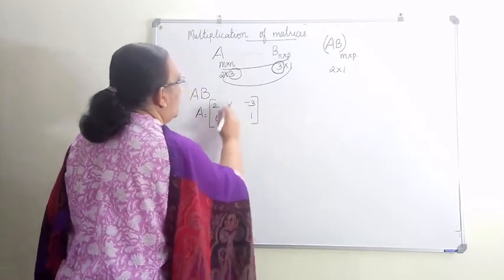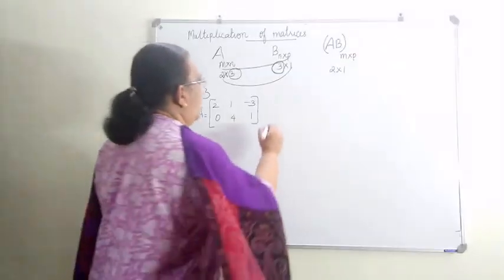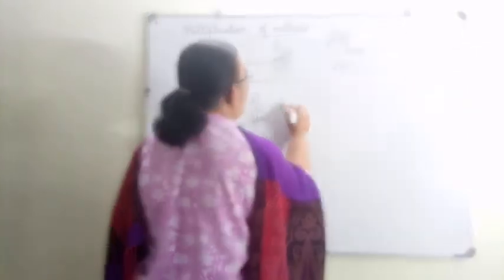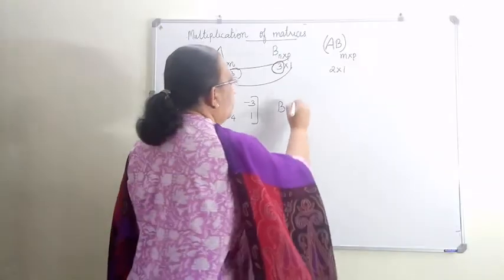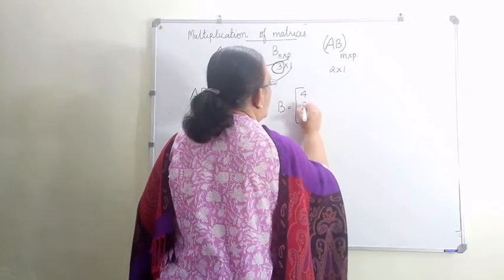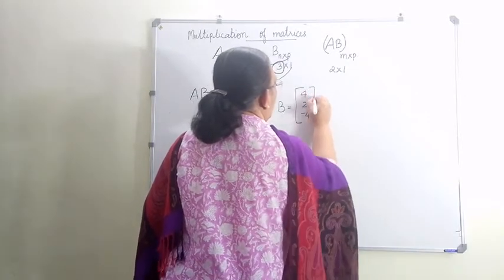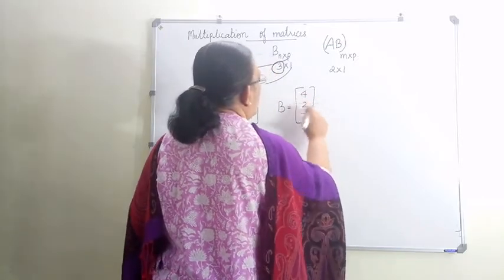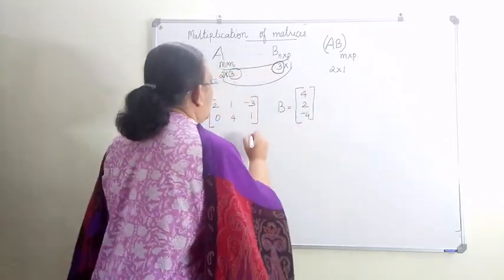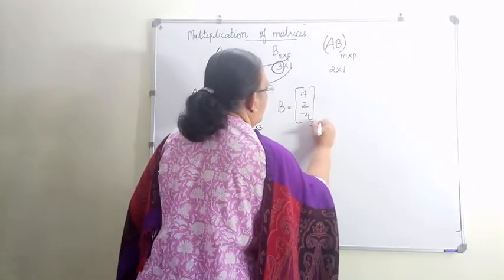And the next one, B, is of order 3 by 1. That is 3 rows and 1 column: 4, 2, minus 4. So 2 by 3 and 3 by 1.